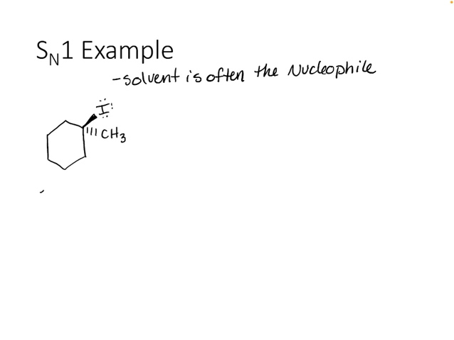All right, so this is our electrophile, or our substrate. And then our nucleophile is methanol. But methanol is also a good solvent, so we can kill two birds with one stone.